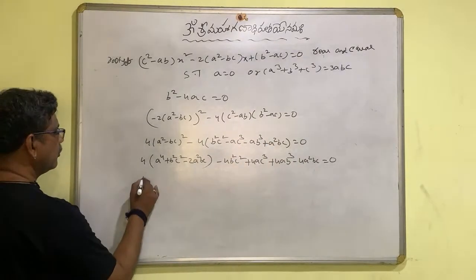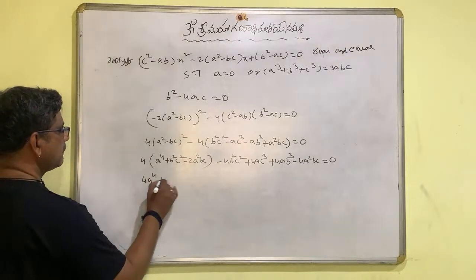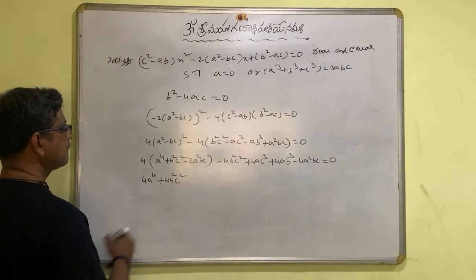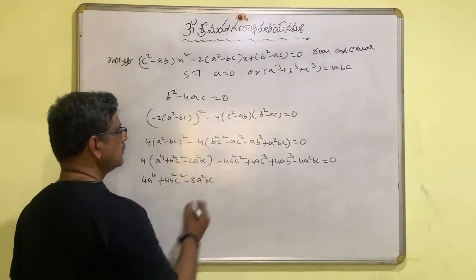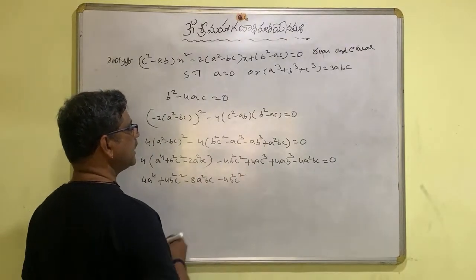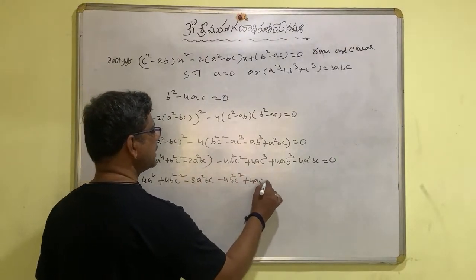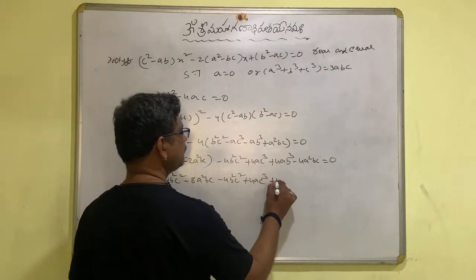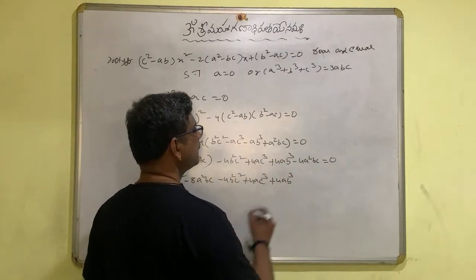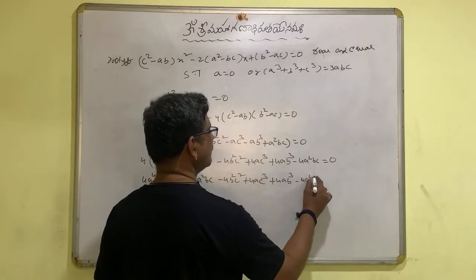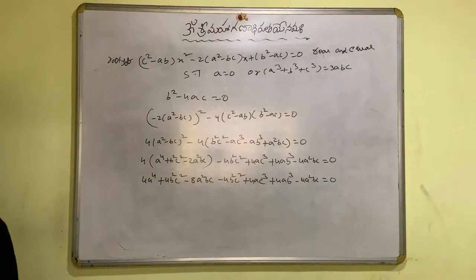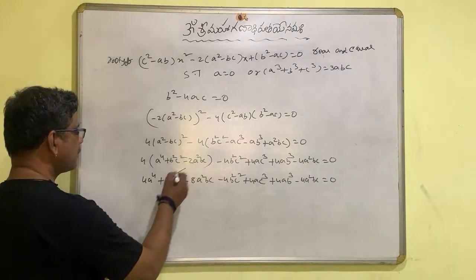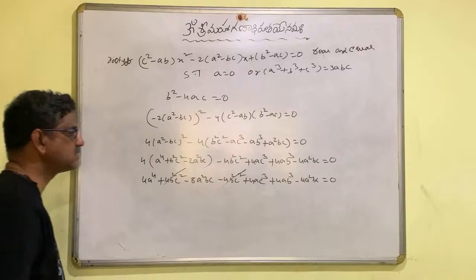Now, open the bracket here. 4a power 4 plus 4b square c square minus 8a square bc minus 4b square c square plus 4a c cube plus 4a b cube minus 4a square bc is equal to 0. Okay na? Now plus 4b square c square minus 4b square c square get cancelled.